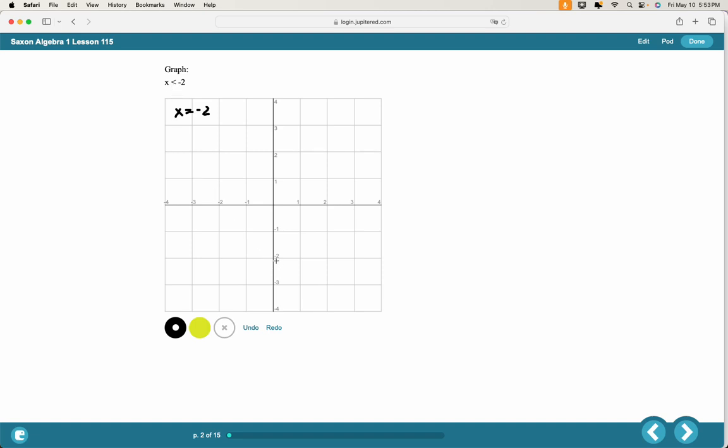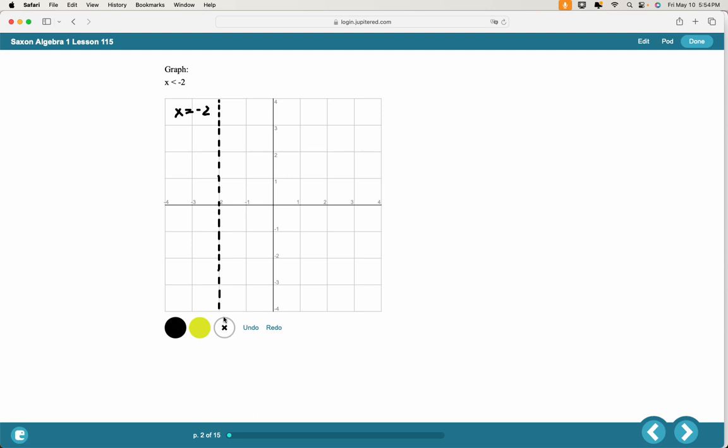So we're going to find -2 on the x-axis, and we are going to just dot it in, just like that, because it's crossing the x-axis. Then that is what we are going to do.